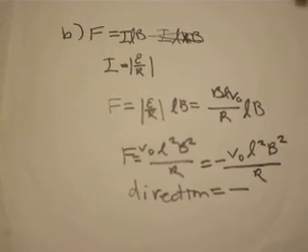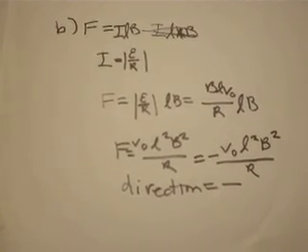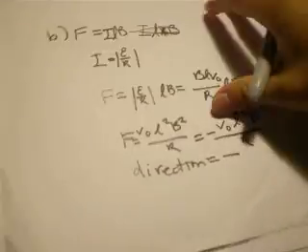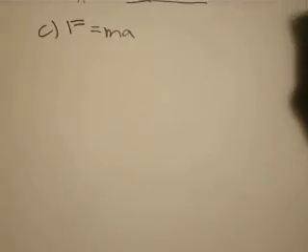Now for part C. Part C, they want us to find the speed v of the rod as a function of time t. So we could start by saying that F equals ma. Newton strikes back.